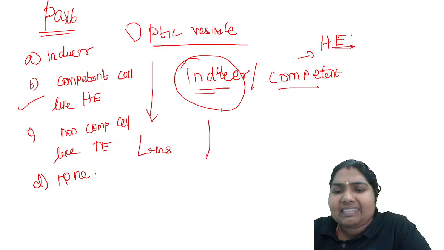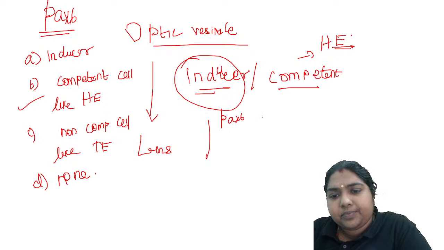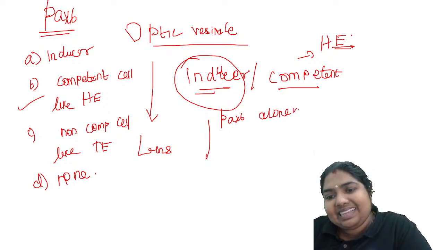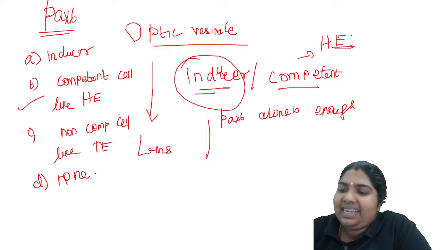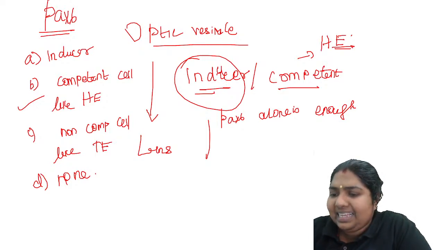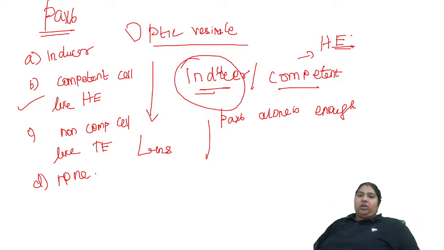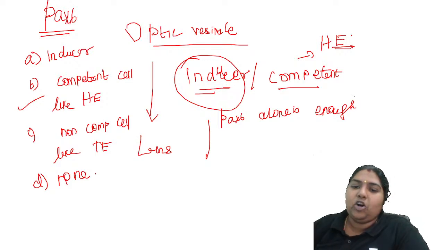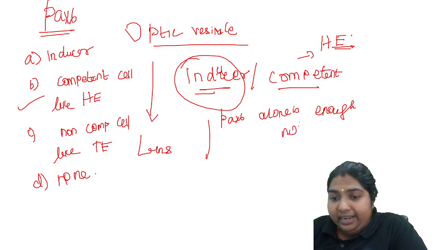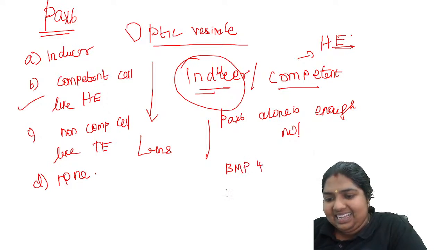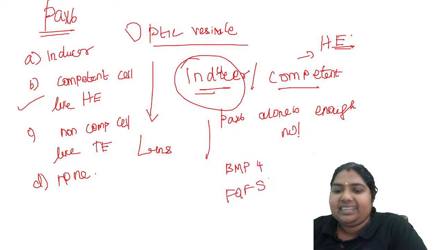So is PAX6 alone enough? Think and let me know. Do you think that PAX6 alone is enough for your lens development? No, you are going to require BMP4, FGF8, right?